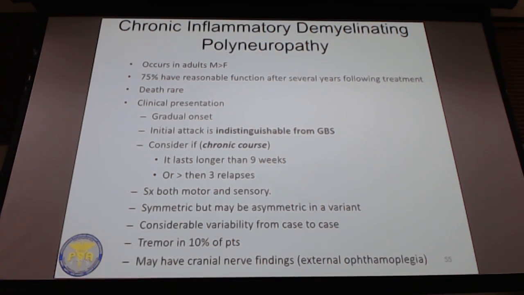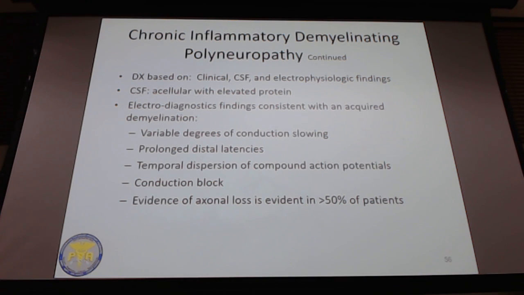Neuro's like, yeah, it's classic Guillain-Barré. You're like, damn it, I don't know why I didn't think of that. And then they come back a month later and they're having the same exact thing, right? They get in the hospital, get better, same exact thing. It keeps coming back. And you're like, something doesn't make sense here. Eventually somebody's going to probably think that this is chronic inflammatory demyelinating polyneuropathy, okay? All right. That's all I want to think about for that one.